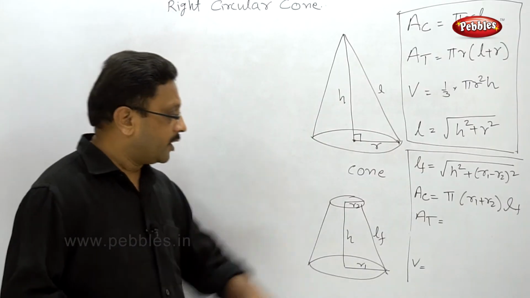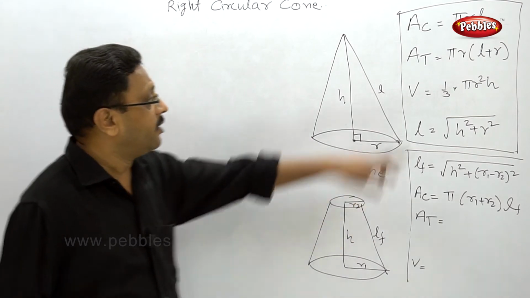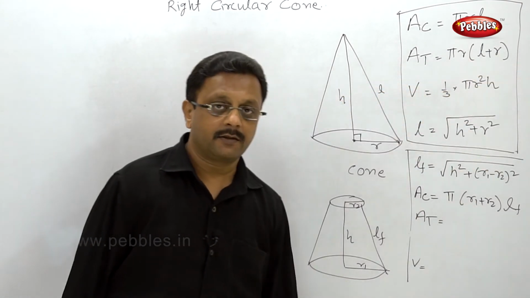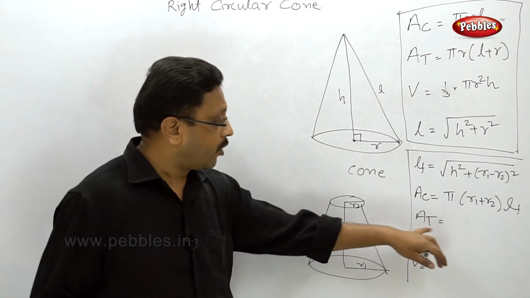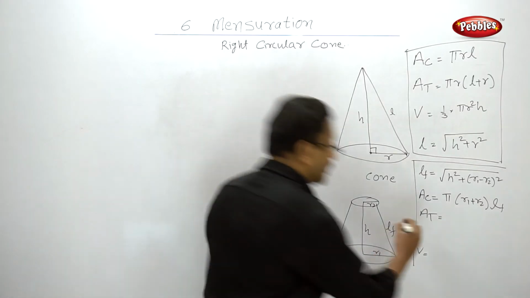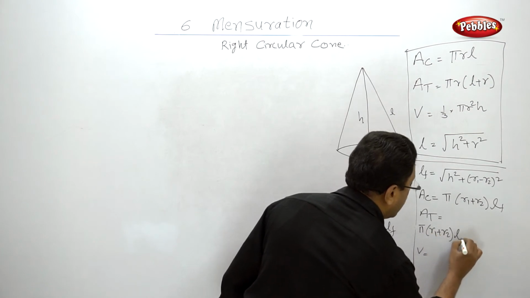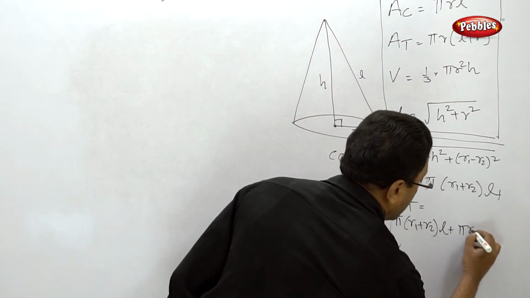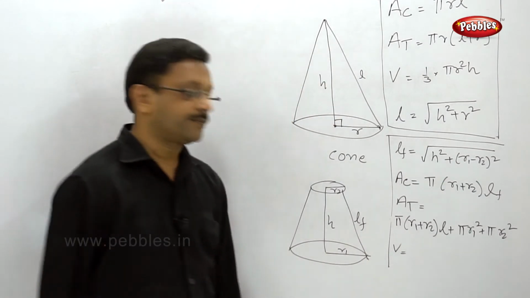And now what is the total surface area? The formula for total surface area we can derive from here. We will first open these brackets by substituting R1 plus R2. Let us write down the final formula for the total surface area. It is pi (R1 plus R2) L plus pi R1 square plus pi R2 square.